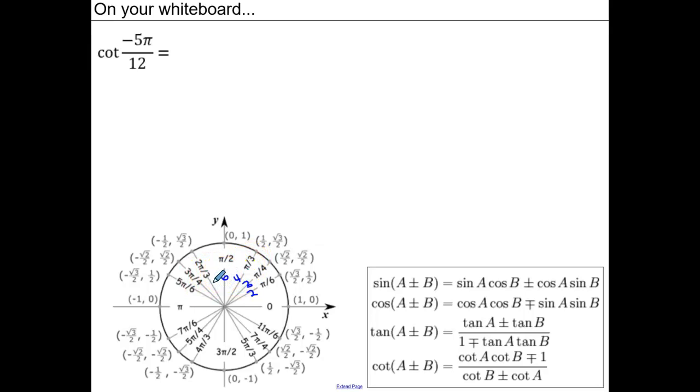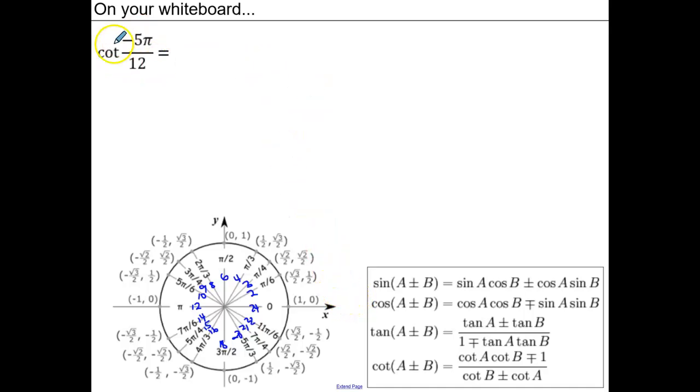So this will be 6, 8, 9, 10, 12, 14, 15, 16, 18, 20, 21, 22, and then back around to 24 pi over 12, which is 2 pi.